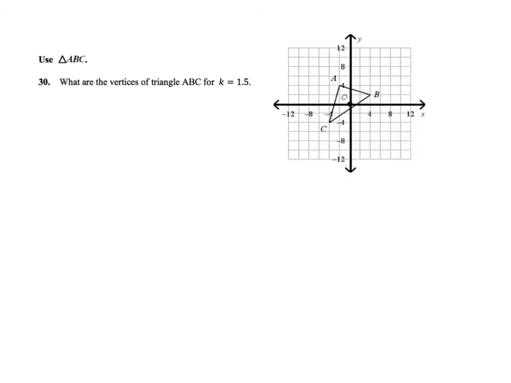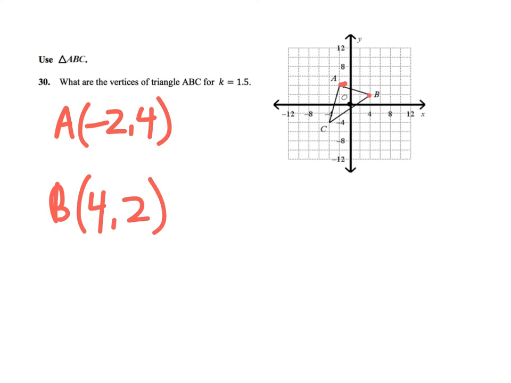Alright, and my last one for this video, it says, what are the vertices of triangle ABC for k equals 1.5? Before I do that, we're going to start out by finding our original vertices. The original A value is over -2, up 4. My original B value is over 4, up 2.